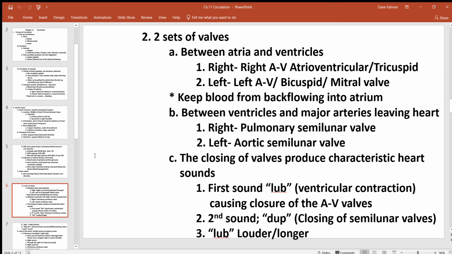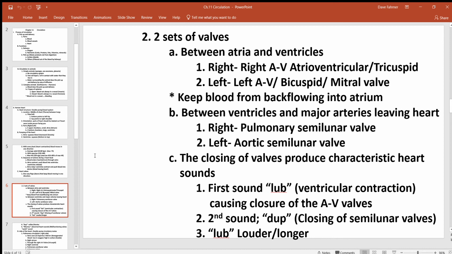Why, I'm not exactly sure, but those are the sounds that have been determined. The first sound, lub, whenever the heart beats, it's lub-dup, lub-dup, lub-dup. The lub part is when the ventricles are contracting. And when the ventricles are contracting, it's pushing the AV valves closed. These AV valves make a very sharp, loud sound in comparison to the other.